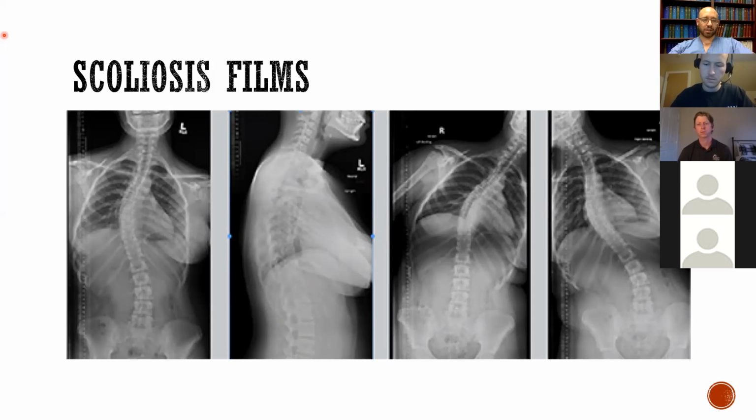If you have to make your construct larger and go into the lumbar spine, or sometimes we even have to go into the pelvis, that patient's going to lose a lot of normal motion. So if you can get away with not making a huge construct, you're going to be able to preserve more normal function and motion for the patients. But a lot of times, given the curves, you'll have to go into the pelvis.